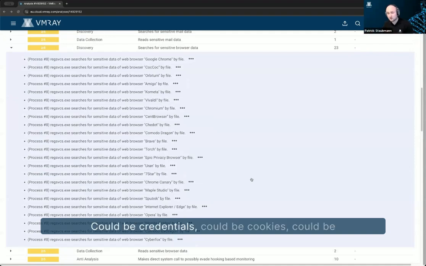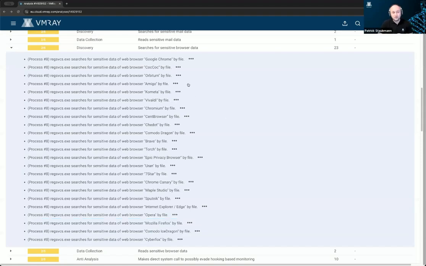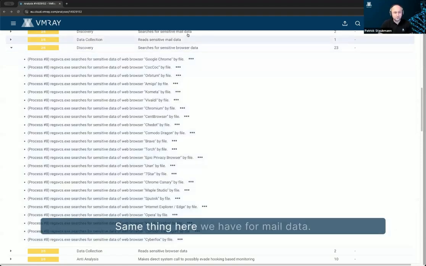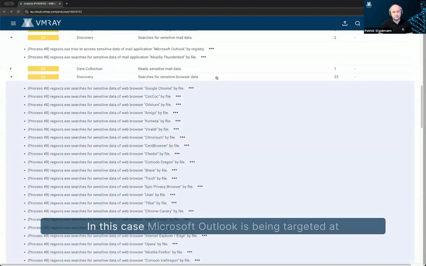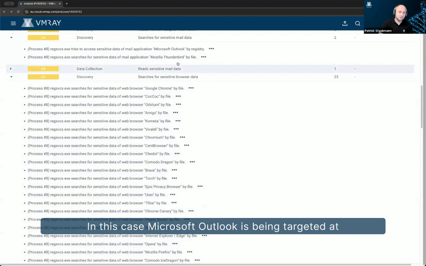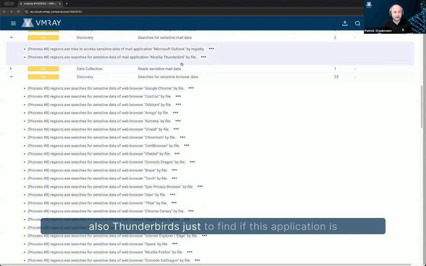Could be credentials, could be cookies, maybe even other information that you can extract from browser extensions and so on. Same thing here for mail data. In this case, Microsoft Outlook is being targeted, and also Thunderbird, just to find if the application is installed, and if yes, extract sensitive information such as usernames, credentials, and so on and so forth.